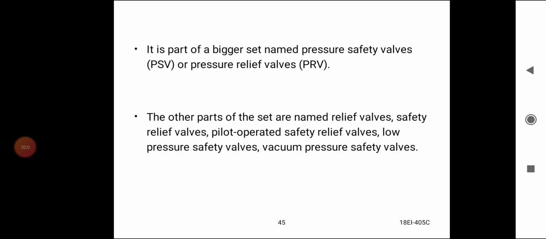The other parts of the set are named relief valves, safety relief valves, pilot operated safety relief valves, low pressure safety valves, vacuum pressure safety valves.